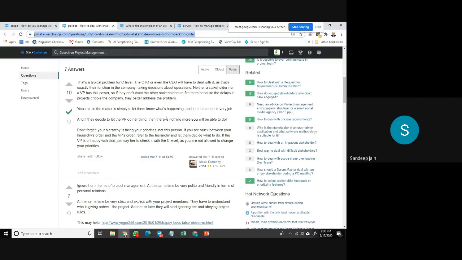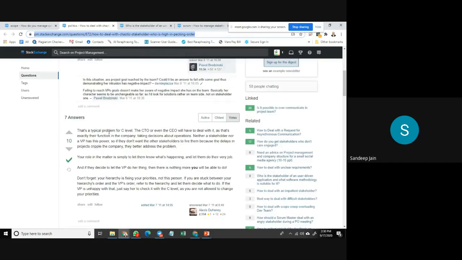It will also not be an outside interference. Your immediate manager will understand what to do best, and if required, your immediate manager can take the issue to the C level. The first answer says that's a typical problem for the C level. Why it is C level is because the senior management has designations starting with C: CTO, CEO, CIO, and all that.